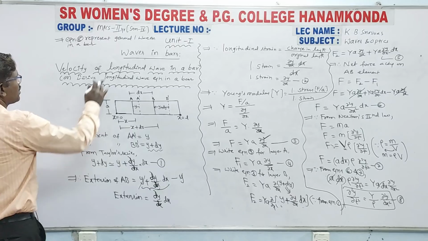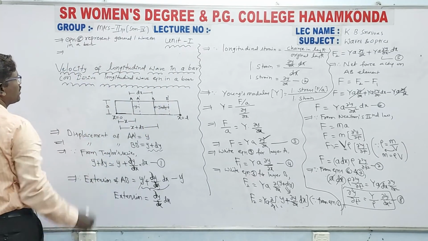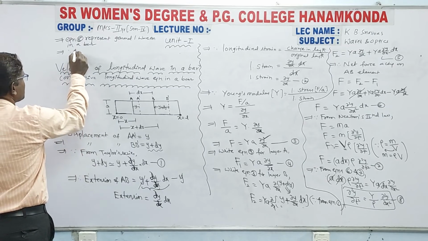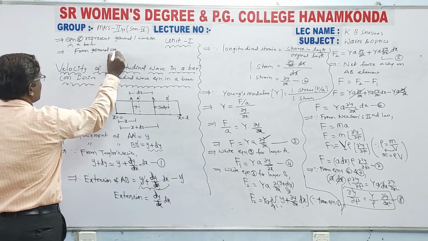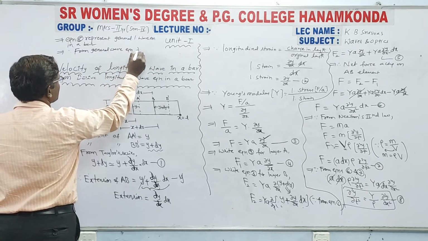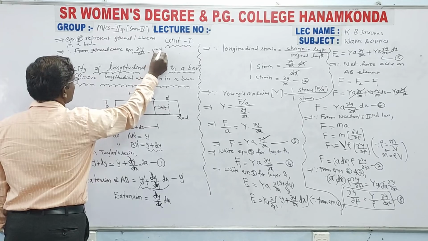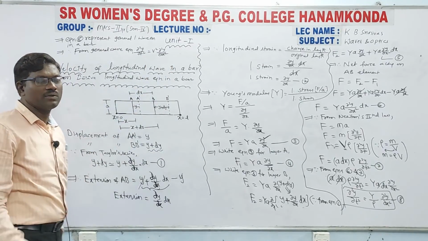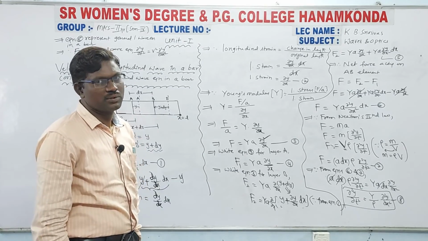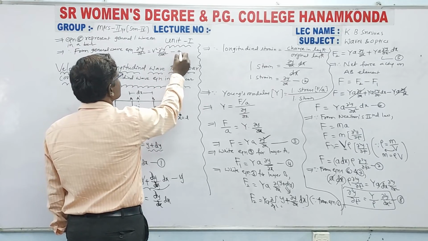Just remember the general expression for a wave. What is the general wave equation? That is ∂²y/∂t² equal to V squared into ∂²y/∂x². Already I have derived this during the first part of waves. Let this be equation number 9.